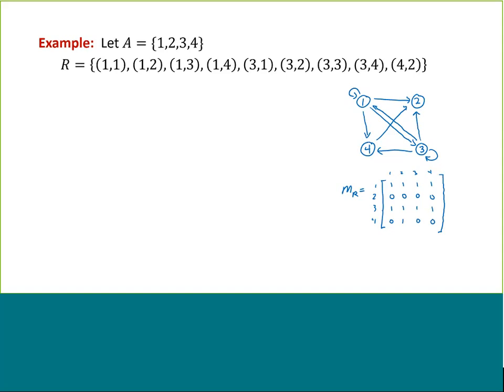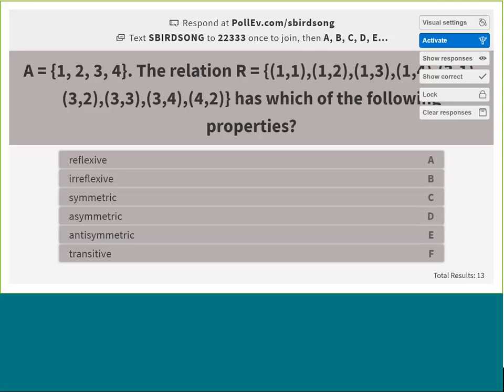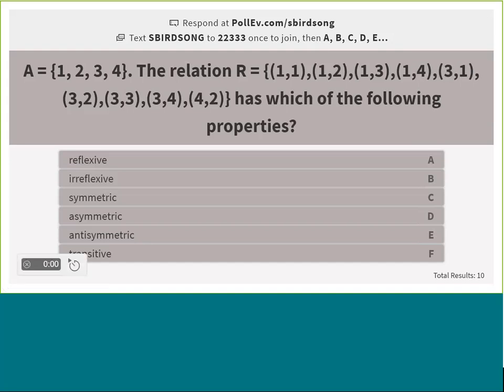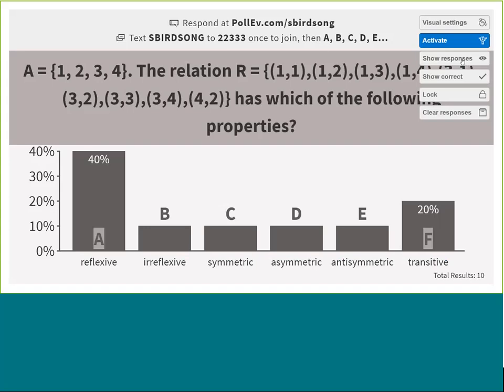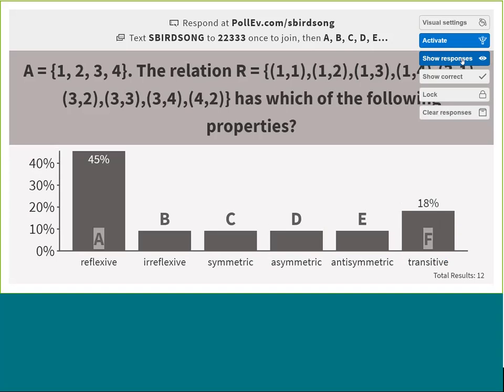Okay. So the question, of course, is what do we think about this relation in terms of it being reflexive, irreflexive, symmetric, asymmetric, anti-symmetric, and transitive? It looks like many of you have guesses, so let's see what happens so far. It looks like a lot of you think it's reflexive, and then it's all over the place for the other ones.